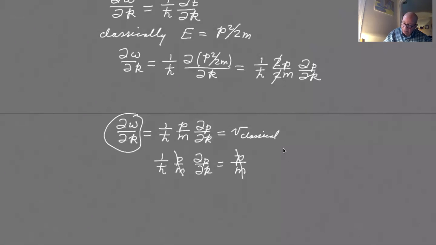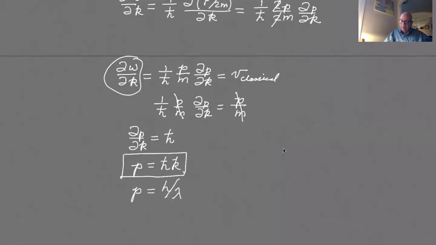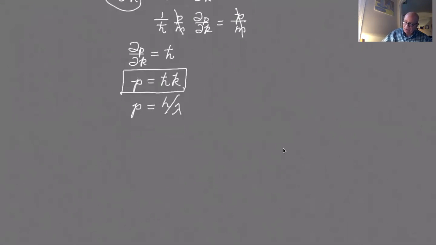The p over m cancels from both sides, and I get that the change in p with respect to k is equal to h bar, or that p is equal to h bar k. And we retrieve the de Broglie hypothesis. So p is equal to h bar k, p is equal to h over lambda. So we're feeling comfortable about the de Broglie hypothesis.